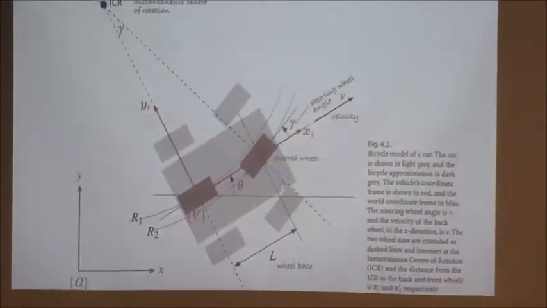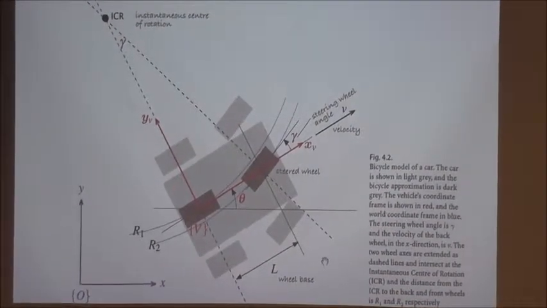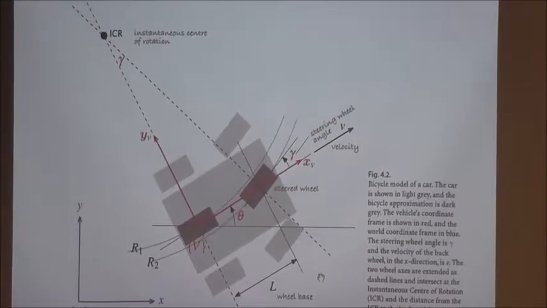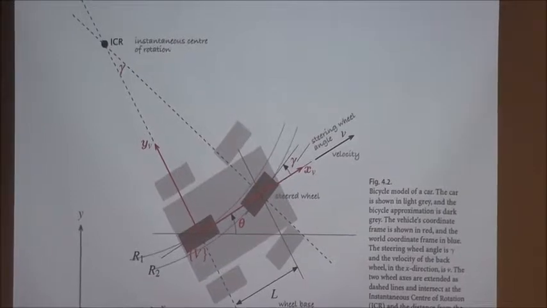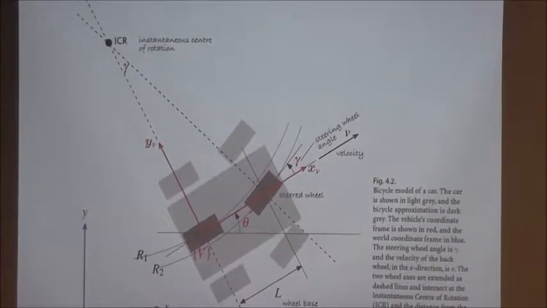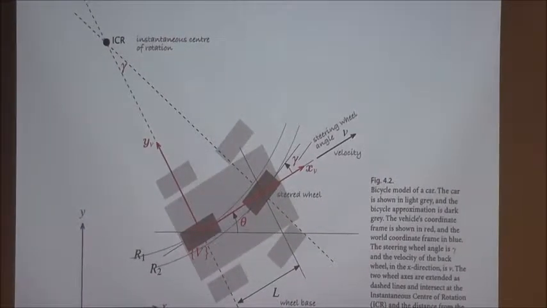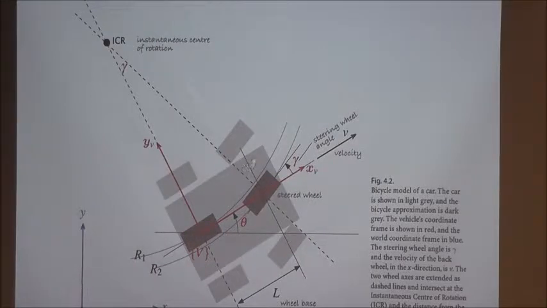Okay, so now let's look at the anatomy of a bicycle, an approximation for the car. You can see here that all the light gray parts are parts of your car, and the dark gray one is the bicycle.